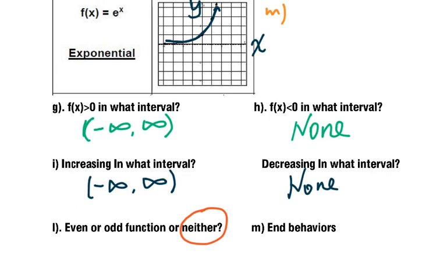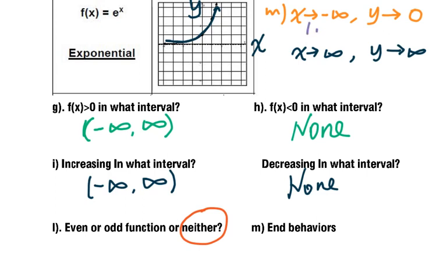For the end behavior, when x goes to negative infinity, y goes to 0. And when x goes to positive infinity, then y goes to positive infinity. So we will write down the limit format.